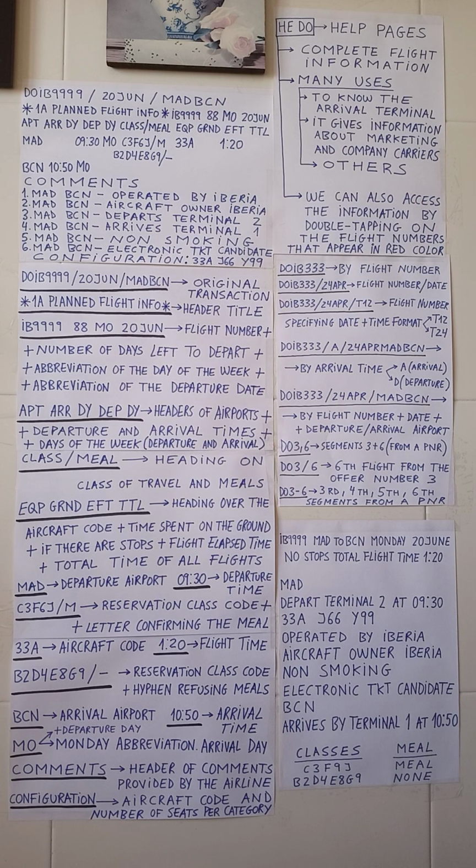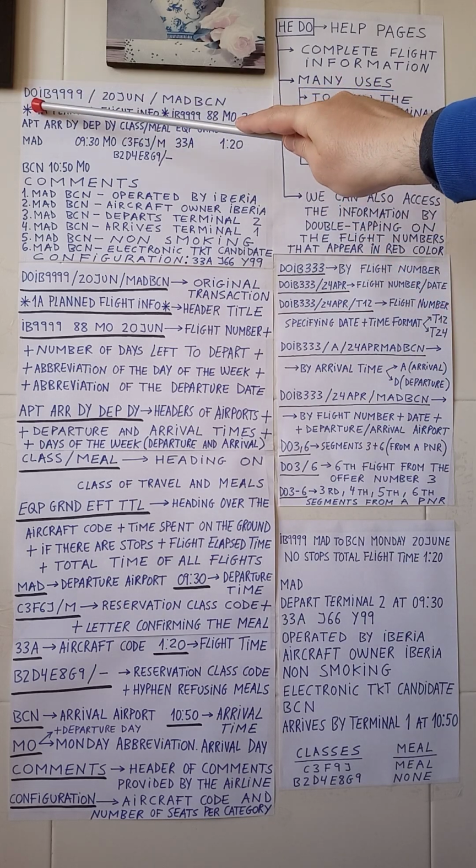Therefore, we ask Amadeus to show us a screen with the complete information of the flight IB 9999 departing from Madrid and arriving in Barcelona on June 20, that is in the calendar from the day we are. Now I begin to analyze the answer.